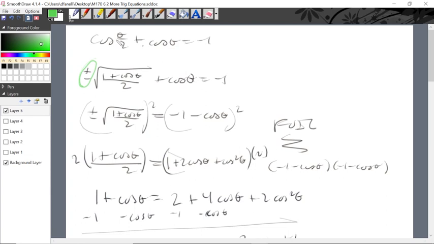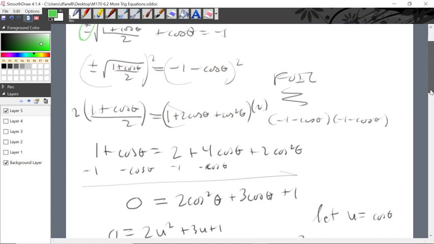So we chose an identity that required a plus or a minus as a possibility to the output of this expression. But then we later squared both sides of the equation. And by squaring, that ended up getting rid of the plus minus, because the square of a positive is positive and the square of a negative is also positive. So we lost the information about the plus or minus possibility. And then after squaring, we continued with dealing with a quadratic equation, and we solved it correctly from there.